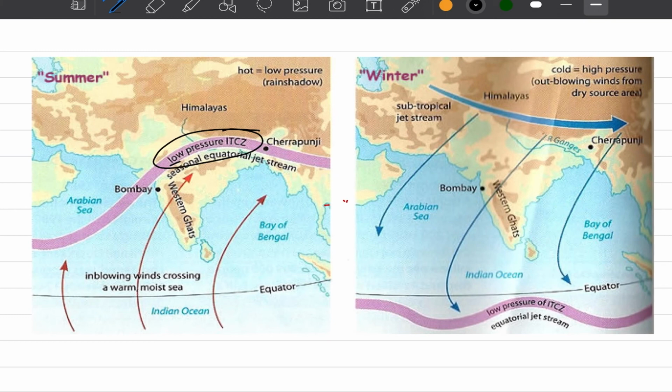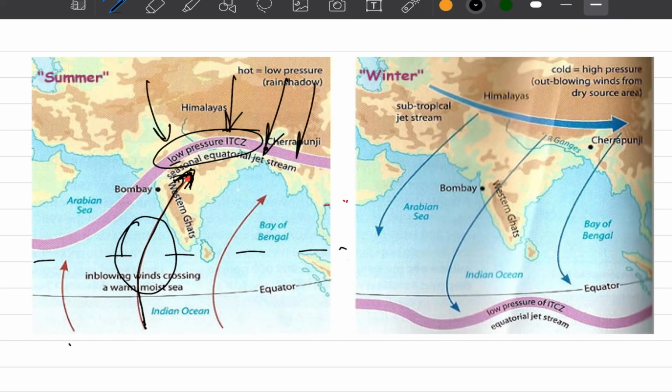And now the winds that are coming from the south, since they have already crossed the equator, because we are around 8 degrees above the equator, would diverge from left to right, and on the way they will pick up the moisture from the Indian Ocean. As they pick up the moisture, they will come here and try to converge, and this is the area where the entire convergence is happening.